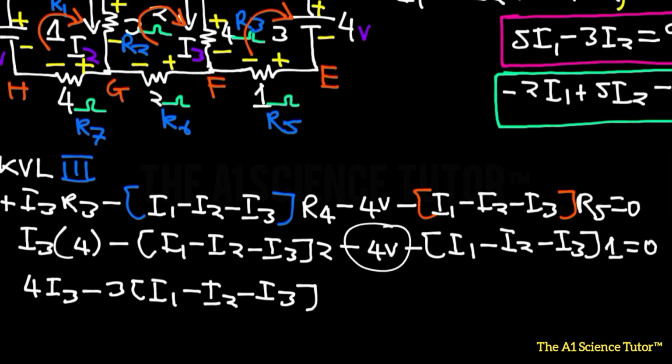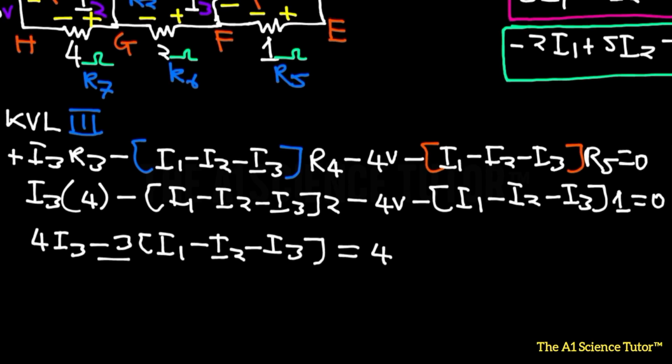And this -4 volts, I'm just going to take it up to the other side. So I need to take -3 and FOIL the bracket. That will be 4I3 minus 3I1 plus 3I2 plus 3I3.